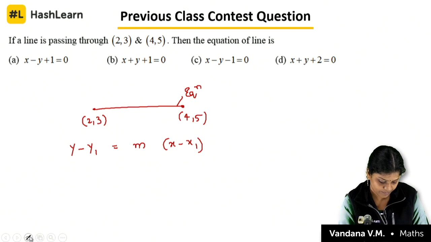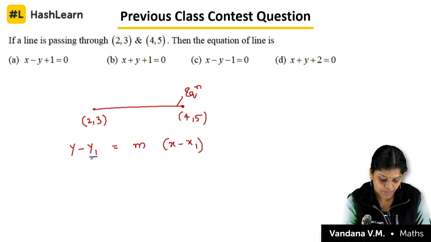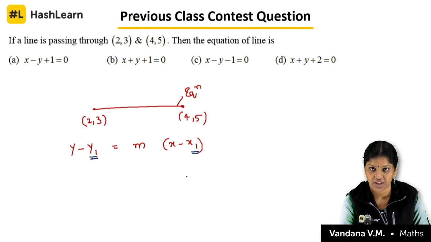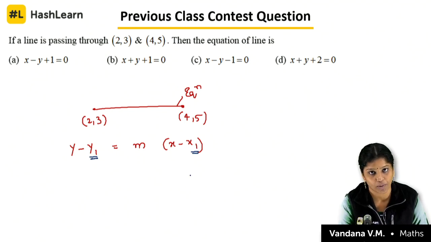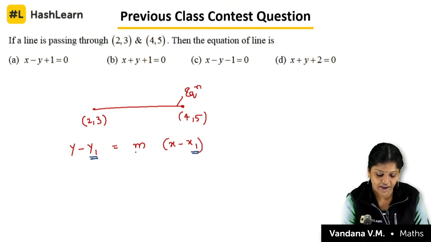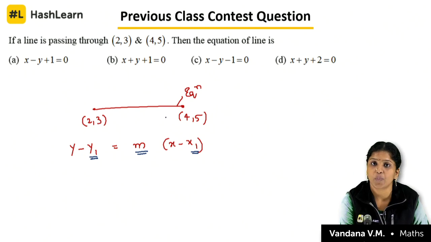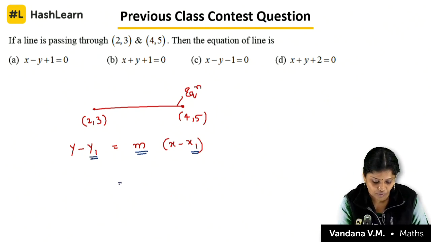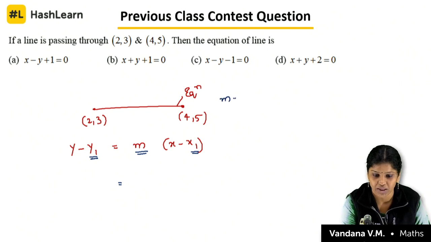Here x1, y1 is the passing-through point, x and y are the arbitrary points, and m is the slope. Here the slope is not given. When 2 points are given, how do we find the slope? The slope formula is y2 minus y1 by x2 minus x1.